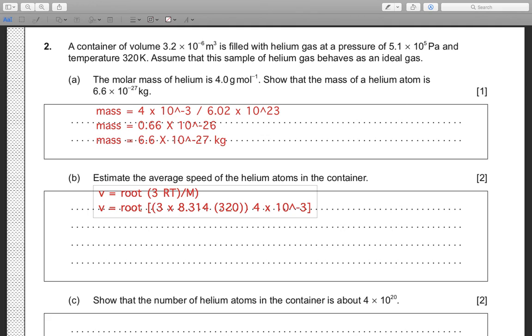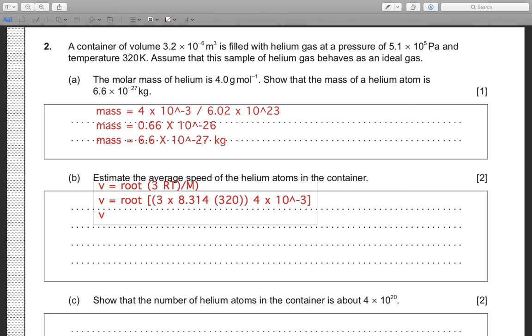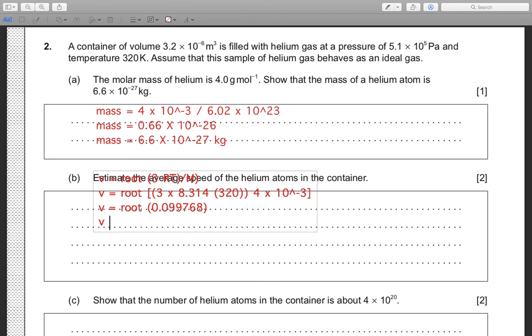This is around 0.099768. The root of this gives v equals 0.3 something, around 15 meter per second.